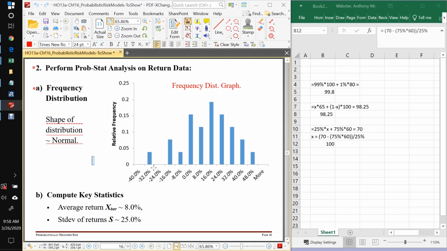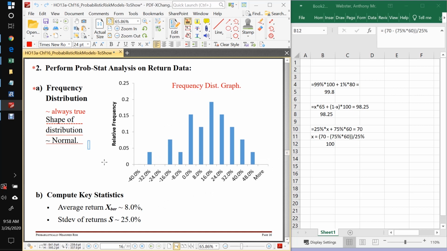And why is it always assumed to be that way? Because the distribution graphs really do honestly typically look like this. Our histograms, our frequency distributions, typically do look normal for annual stock returns over time.